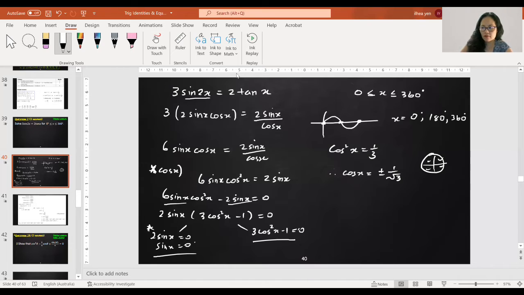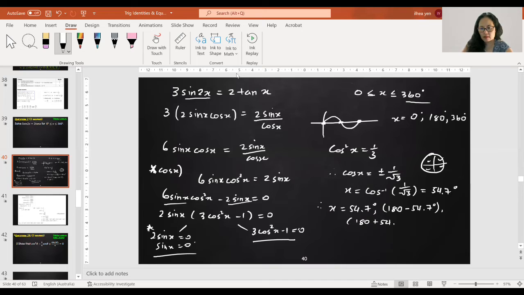The solution's coming from our cos inverse of 1 over root 3, the principal angle, 54.7 degrees if you put it in your calculator. But it's all 4 quadrants. So therefore, we will go 54.7, then 180 take away 54.7, then 180 plus 54.7, and then 360 minus 54.7 degrees.